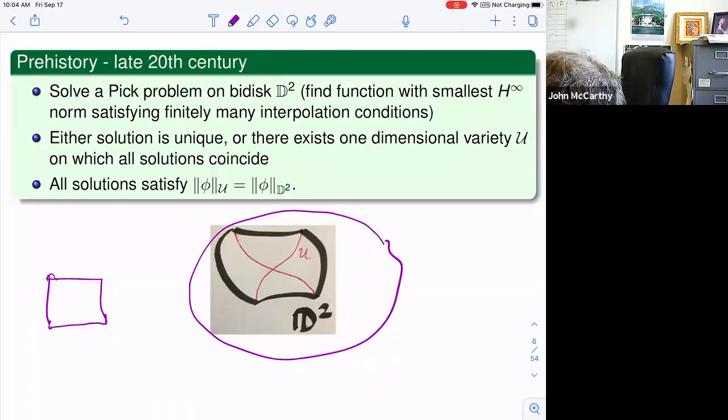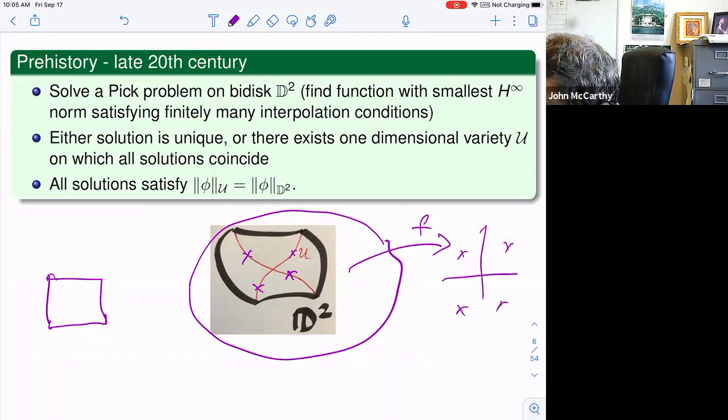So for the Pick problem, you're given a finite number of points here sitting inside the bidisk, and then you're given some values they're supposed to take in the plane. And then you ask, so you can always solve this, you can solve it with a polynomial.